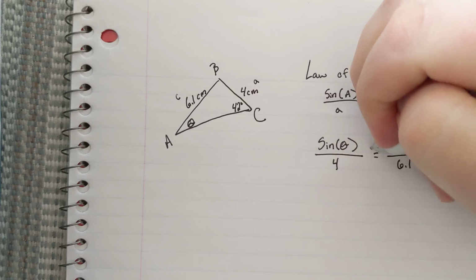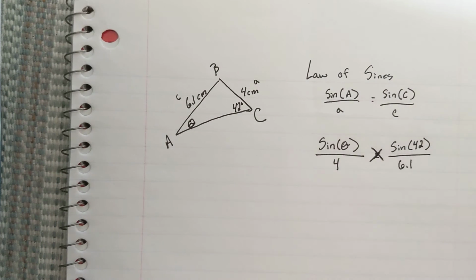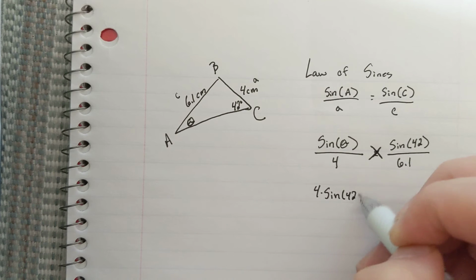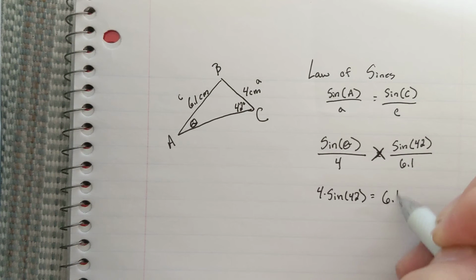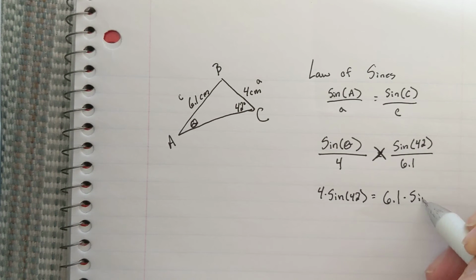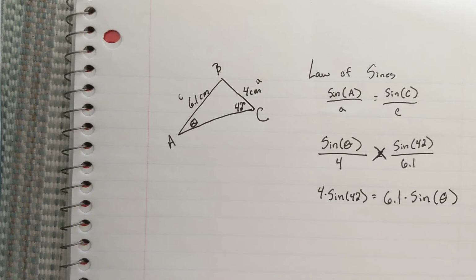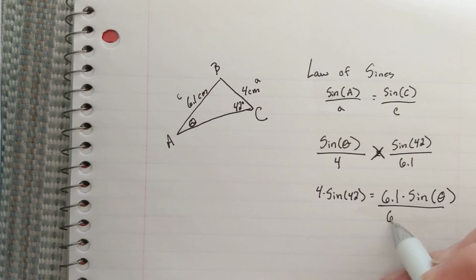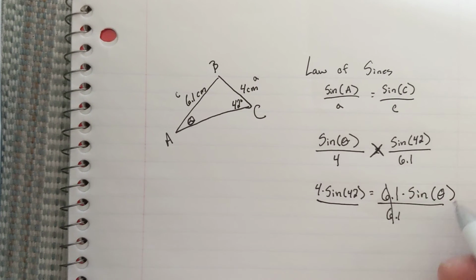Again, proportions, we solve those with cross multiplication. That leaves 4 times sine of 42 equals 6.1 times sine of theta. What I'm going to do is divide by 6.1 to get rid of it on this side. We're trying to isolate theta. So first we're going to isolate sine of theta.